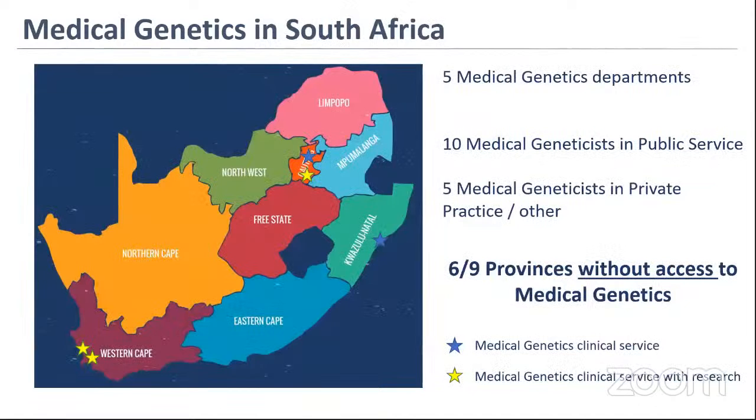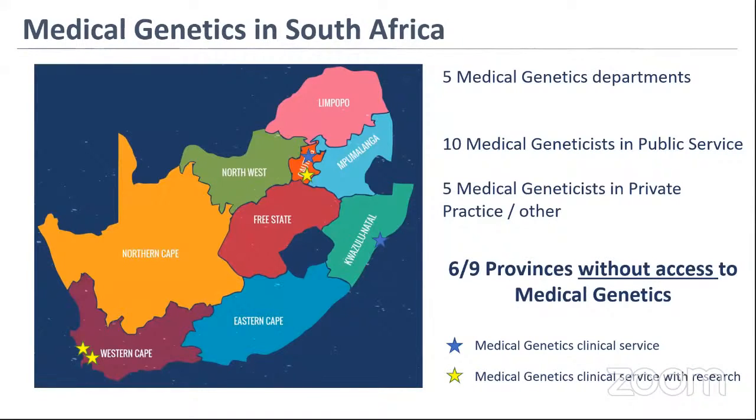And so just an idea of what medical genetics is like in South Africa, we have 5 medical genetics departments with approximately 15 medical geneticists who work across private and public space, located in Gauteng, Western Cape, and 1 center in KwaZulu-Natal. So the most obvious thing about this picture is that 6 out of the 9 provinces are without access to medical genetics.